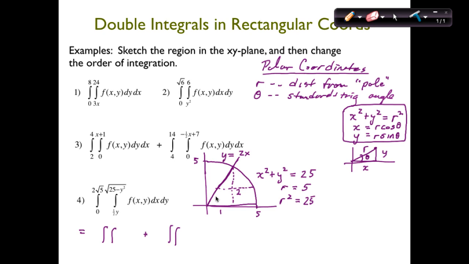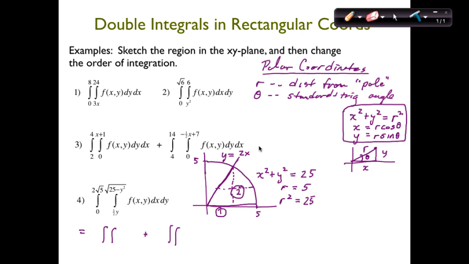Okay, good. Who said that? The rest of you thinking that too? Okay, so this is a constant theta for all values of r. And that theta is the relationship of what? Rise over run, right? So the slope of this is 2, 2 for every 1.